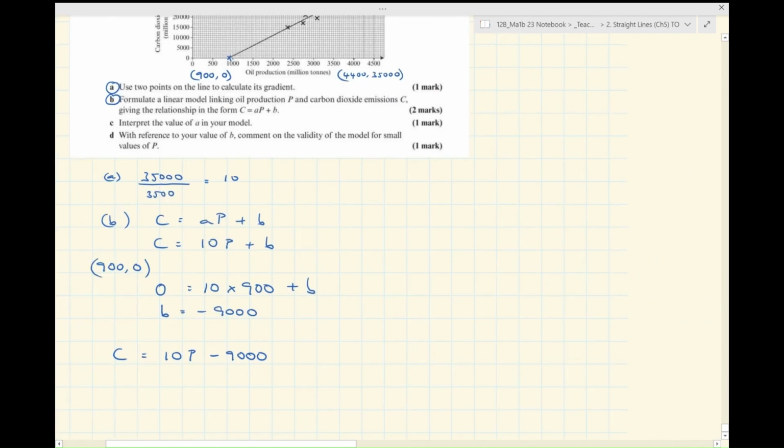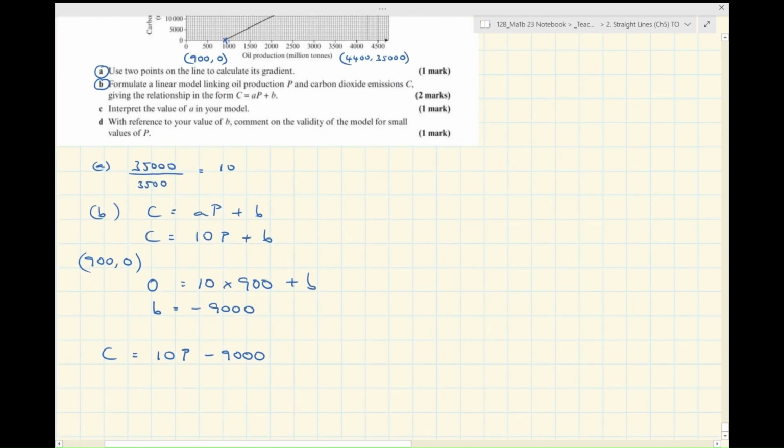Okay. Interpret the value of A in your model. Well, A is the gradient, isn't it? It's the rate of change.